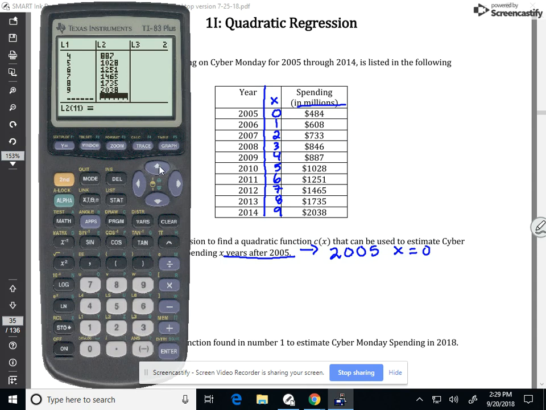Again, you want to scroll back through and make sure that you didn't mess any numbers up, because once we've run the regression, it's not going to come out right if we don't have it right. So once you put in your list 1 and list 2, you're going to quit.